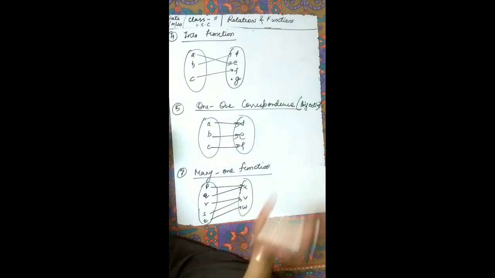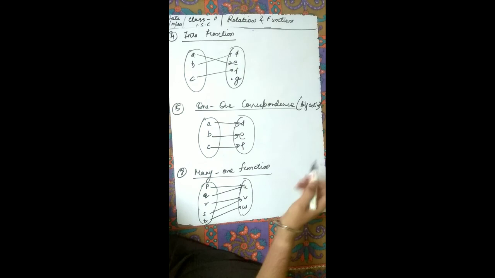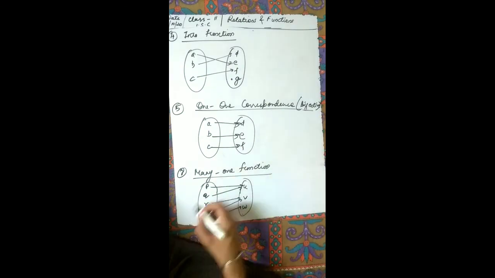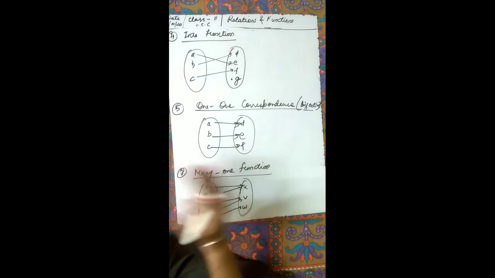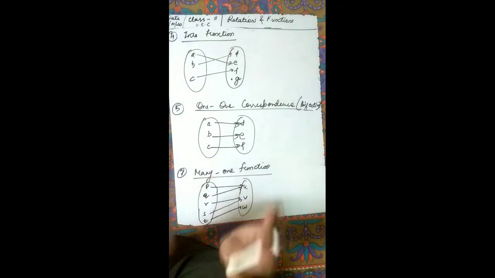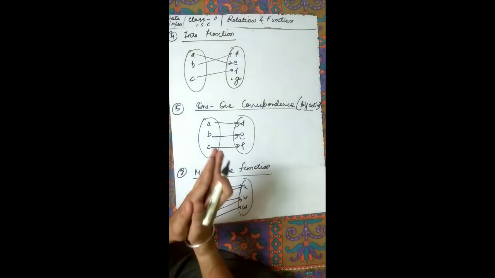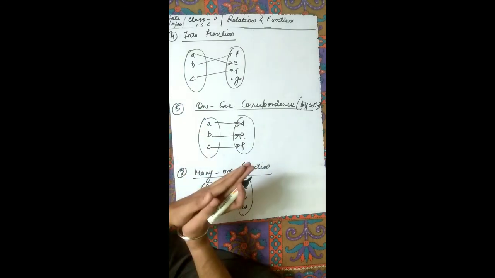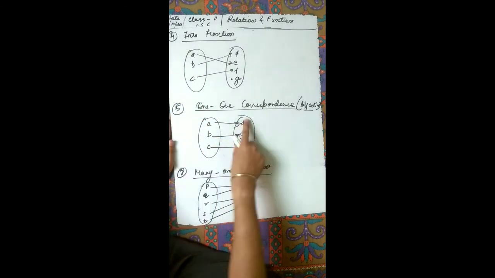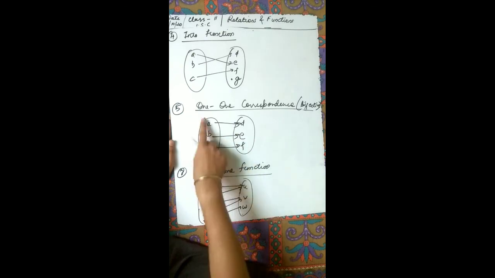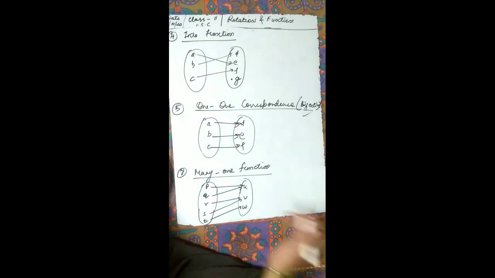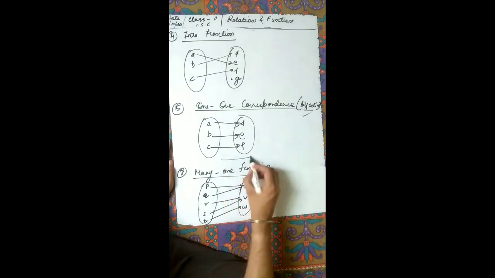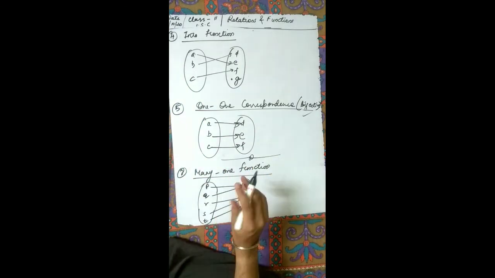That is called into function. And one one correspondence is called bijective function. Actually it is a mixture of injective and surjective, that means one one and onto. If you mix one one and onto, you get one one correspondence. Each element has an image and each image has an element, so combined it is called the bijective function or one one correspondence. So that's it, we understood the types of function.